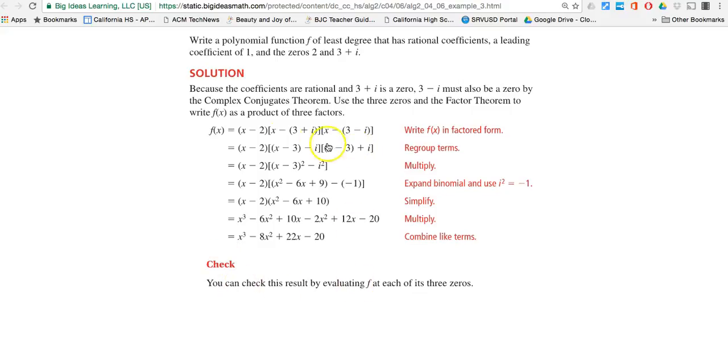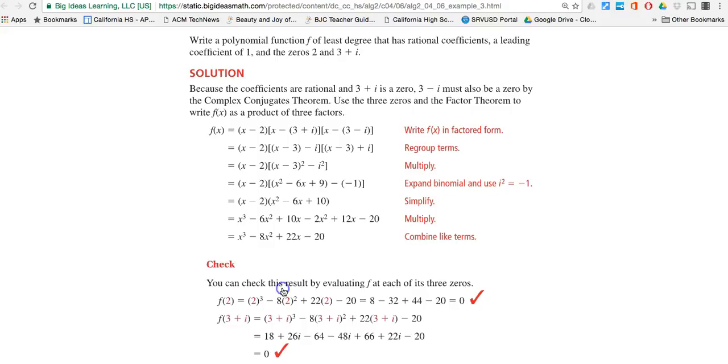So we can go ahead and if we plug in each of these zeros, so if we plug in 2, if we plug in 3 plus i, and we plug in 3 minus i, we should have them equal to 0 each time. So when we plug in 2, go ahead, pause right here, make sure that all this math is right and see how it equals 0.